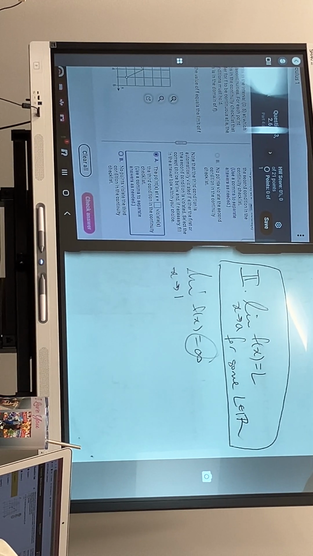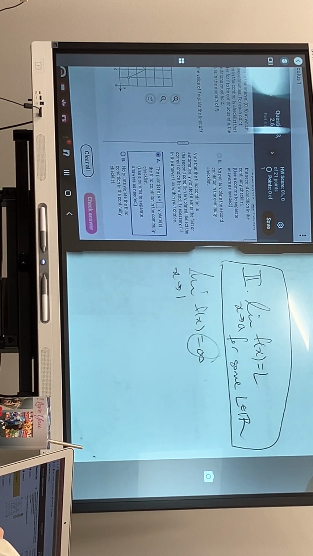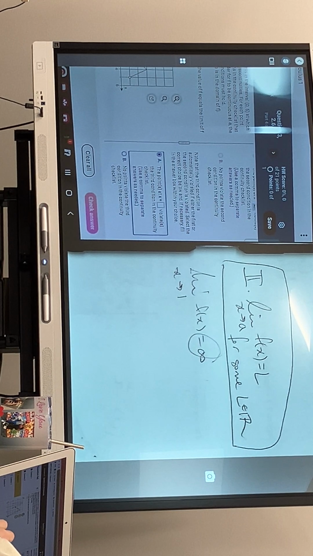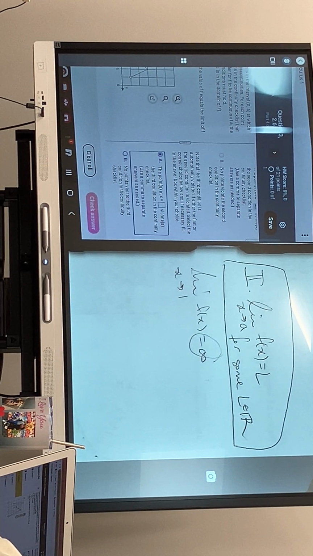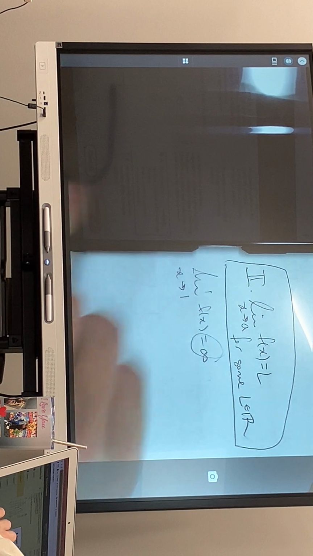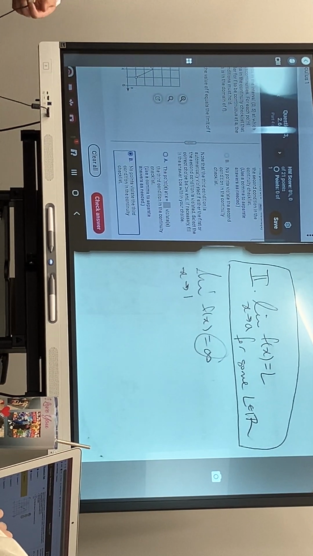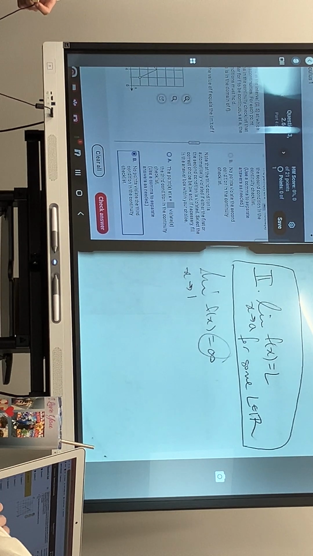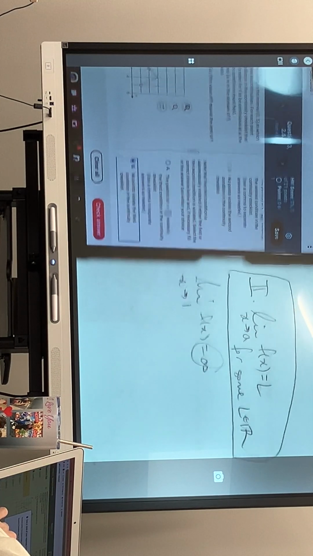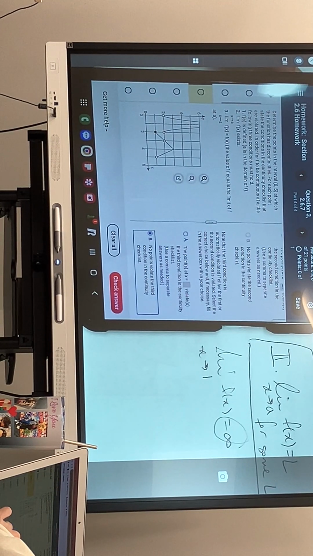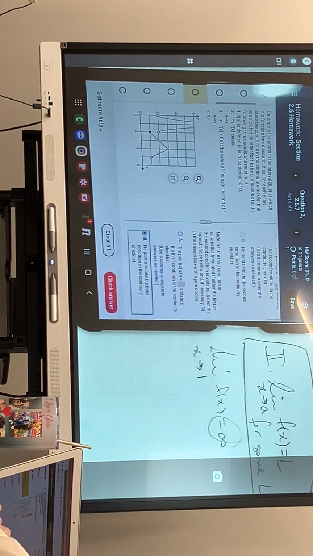But we already said that that point violated the first condition because f was not defined. What do you think? Do any of the points violate the third condition, that the limit needs to be the same as the function value?